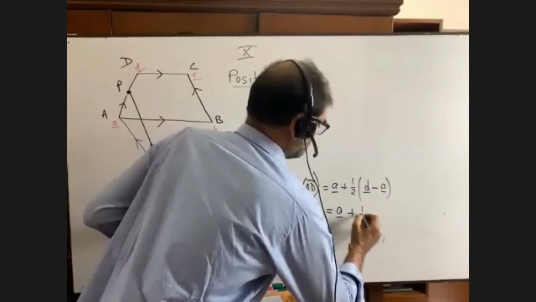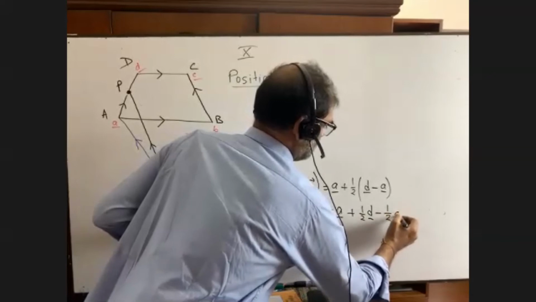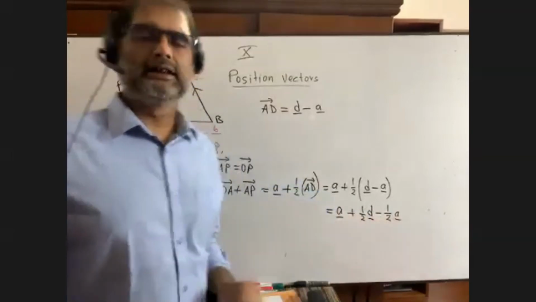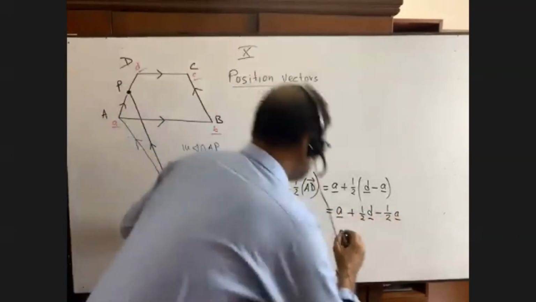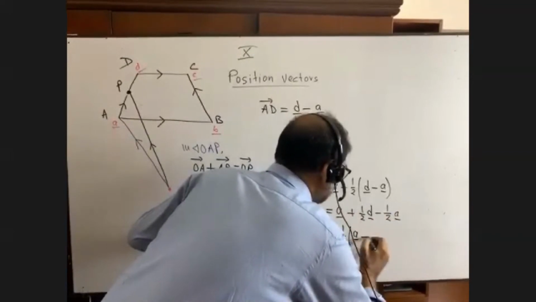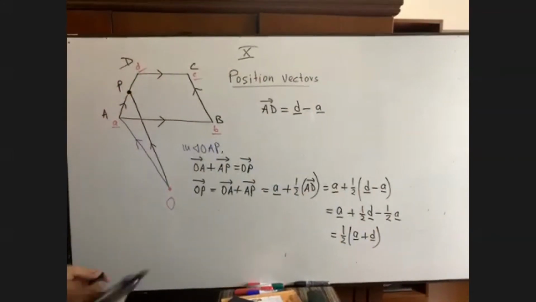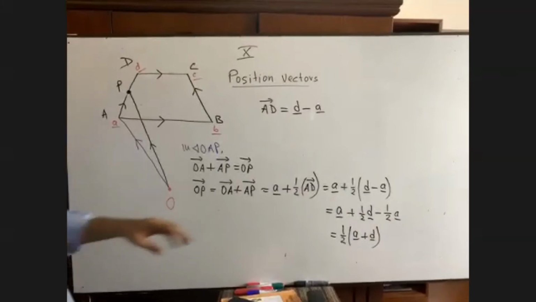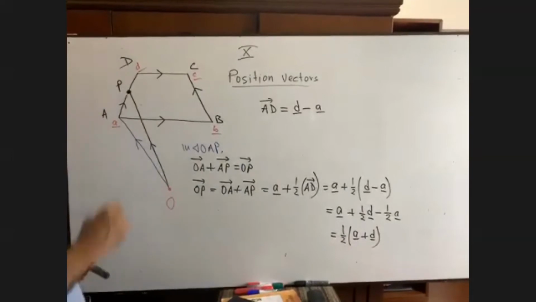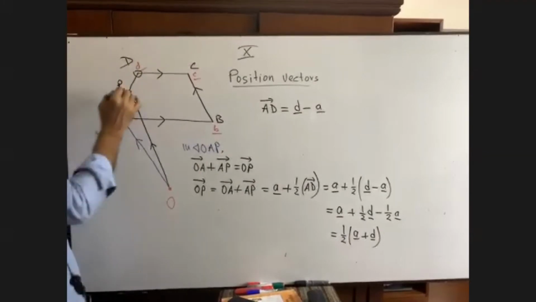A plus half of D minus half of A. So it is A minus half A, that is half A. So from here we can take half common, and at a time I am calculating half of A plus D. Or perhaps Rahat told me the half of A plus D. Is it, Rahat? Yes, sir. That means it is A, it is D, it is the midpoint.